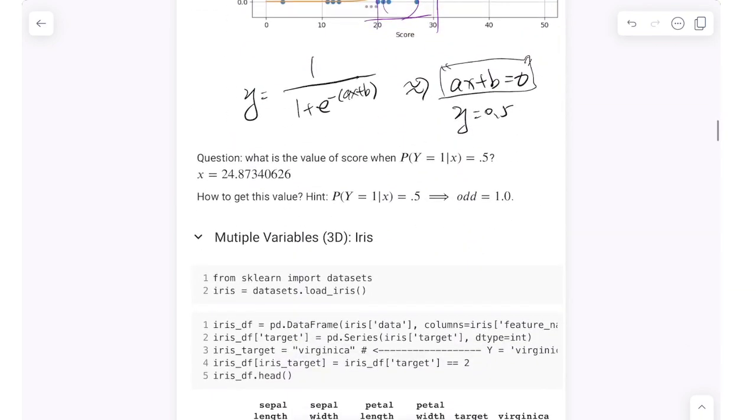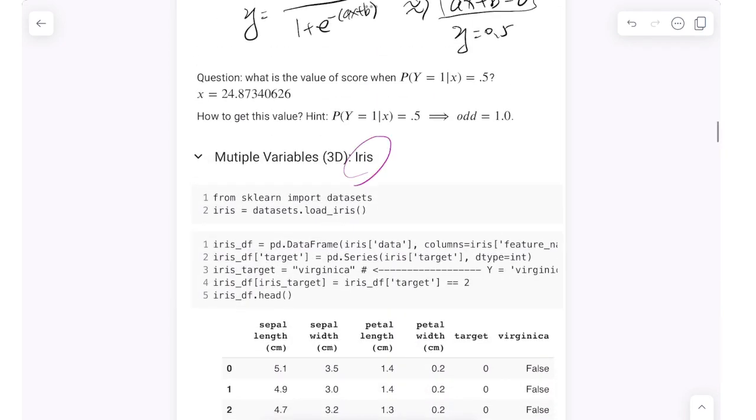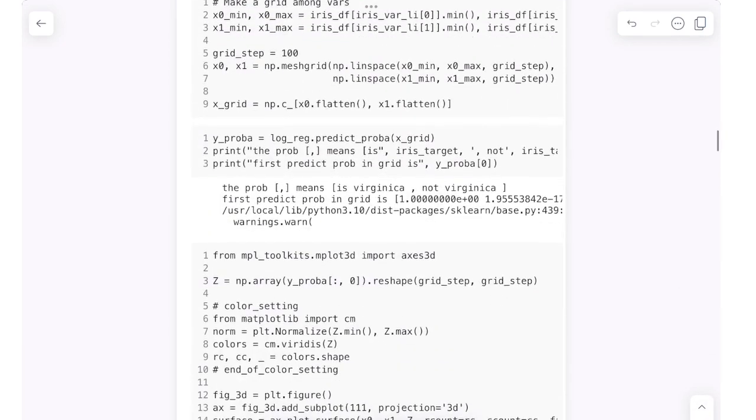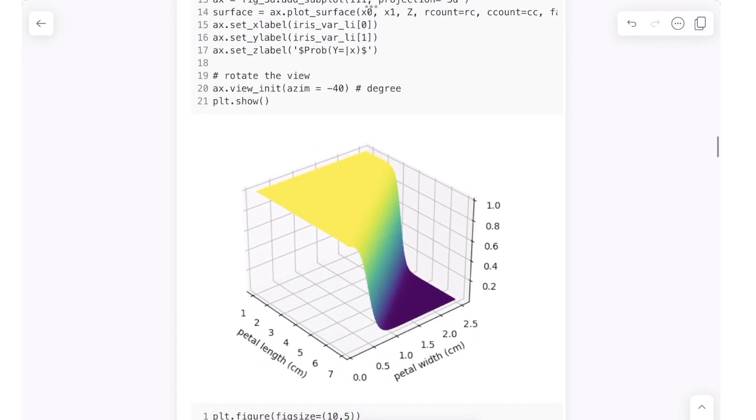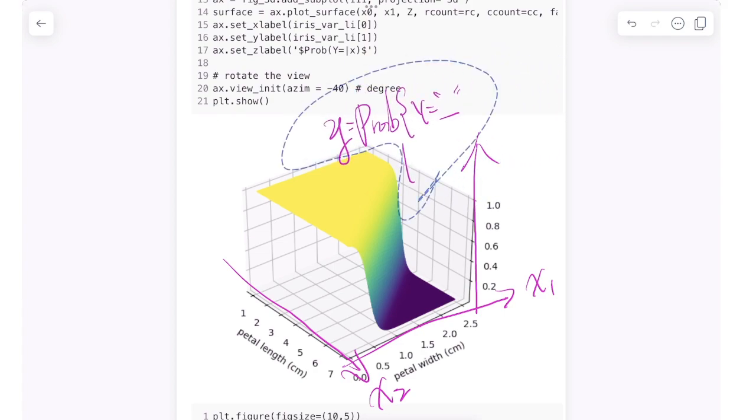Again, we can calculate the value. I use the iris data, right here, and you can see some features. That is the probability of y equals a certain class, conditioned on x equals x1, x2.